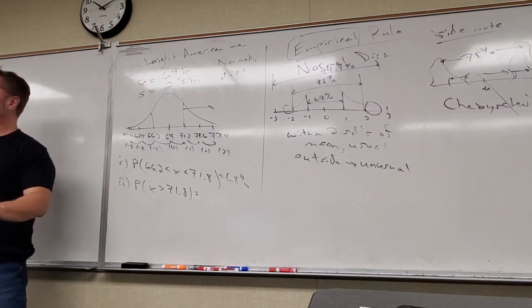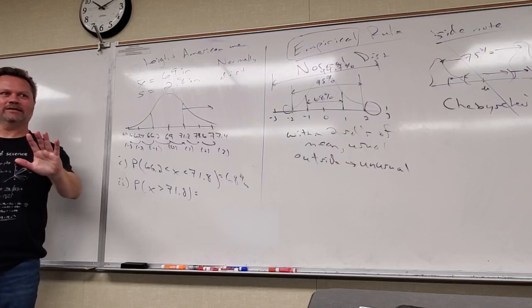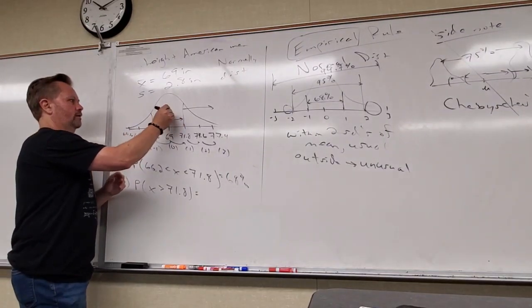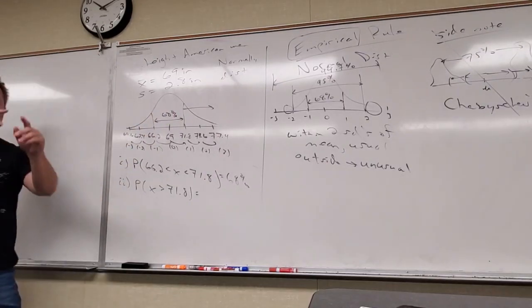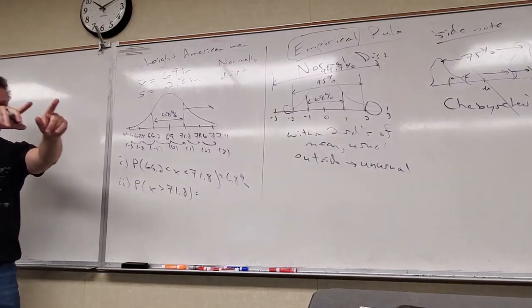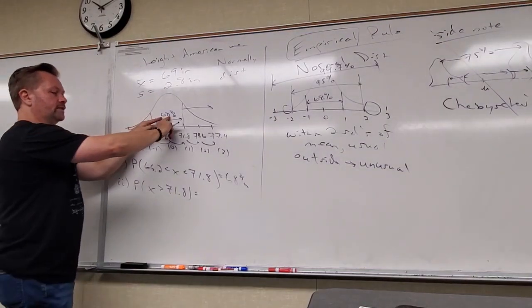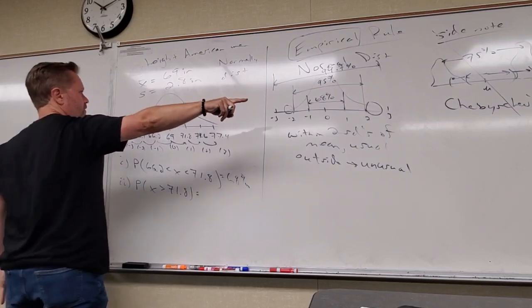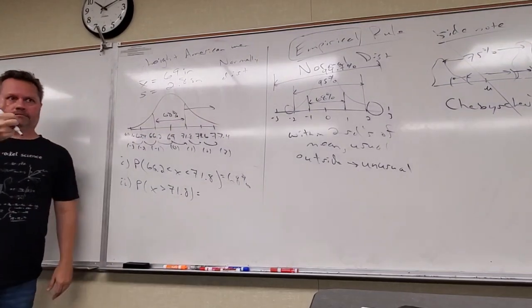Love you guys. So just to make sure everybody's thinking right, what's in here again? 68%. All right. So who's got the answer? Roughly 32%. You're almost there. If this is 68, what total is outside? 32%. So what's on that side? 16%. 16% on each side.